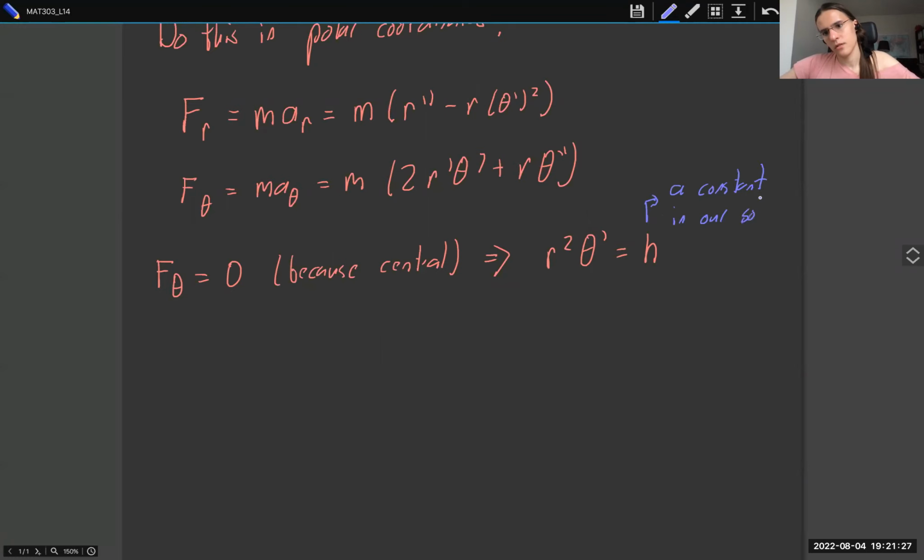The real reason that I did these equations last time was so that we could analyze the inverse square law, because we really do need these equations to do this analysis.